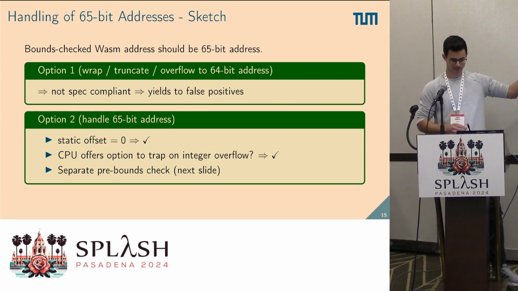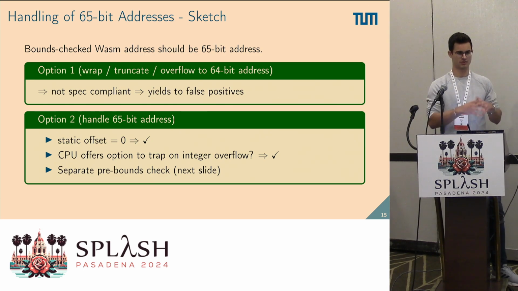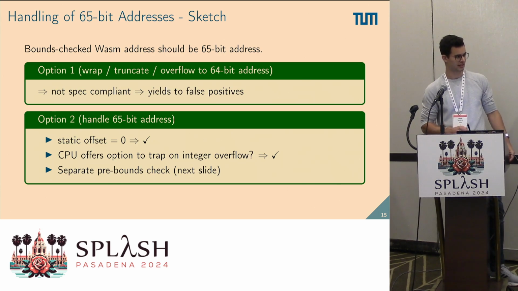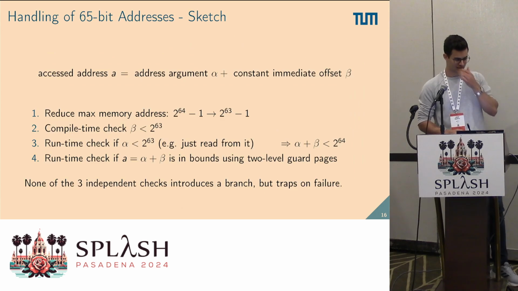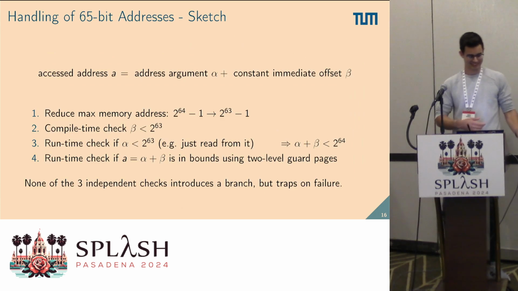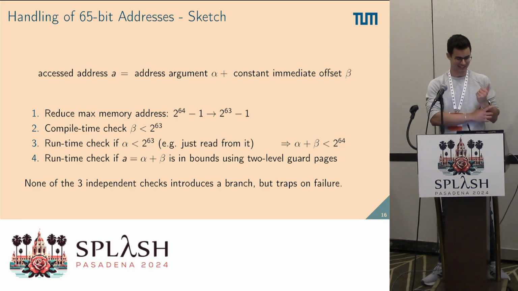Every integer overflow is invalid, so as soon as we know that the offset and the address together are larger than anything that can fit into a 64-bit integer, we can just trap. So maybe our CPU offers some option to detect overflow when we combine these, and we can then trap. That would be perfect. Or we also wrote down some idea here. There are many other ways to check this. I'm not going to go into details here.